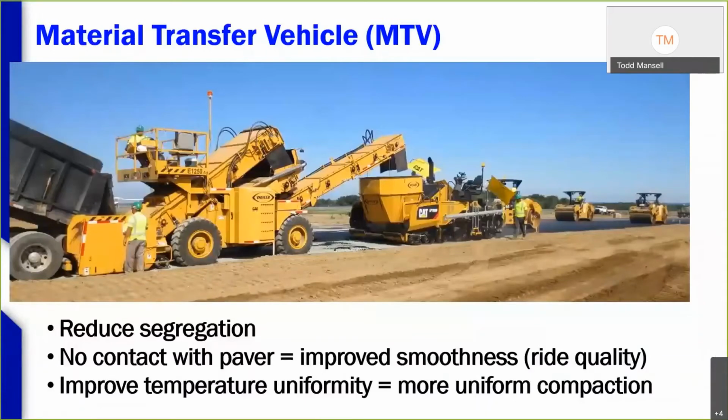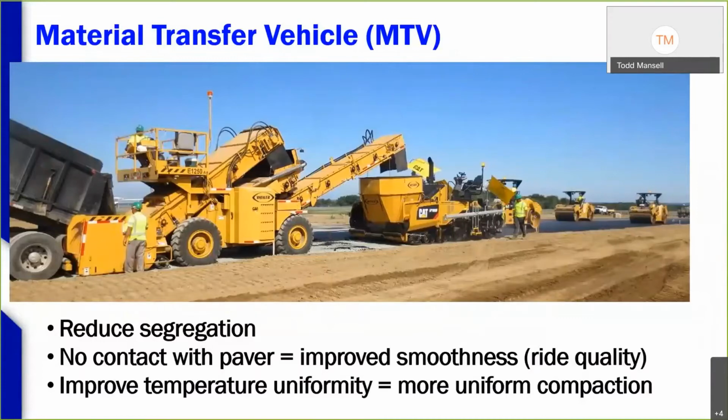Material transfer vehicles. So again, not really a new technology by any means. They've been around for a long time, but we are seeing them used more nowadays because we're looking more at thermal and material segregation and uniformity for both ride and compaction.